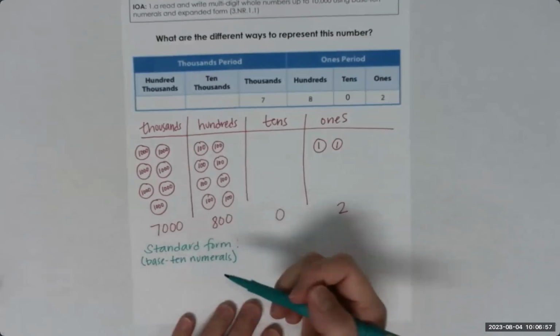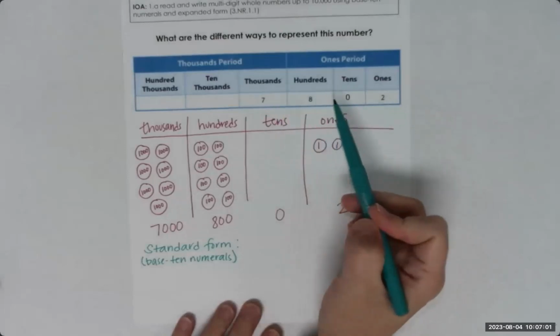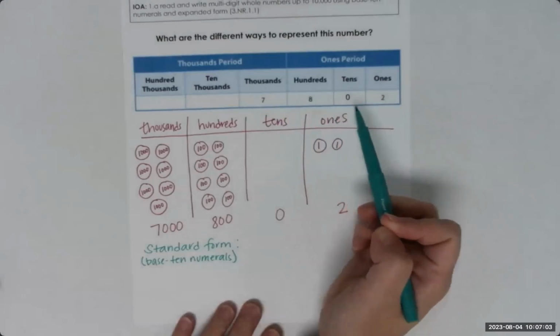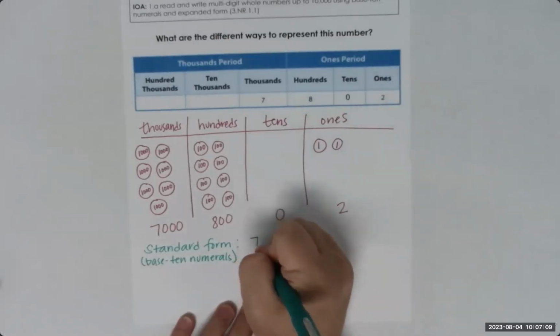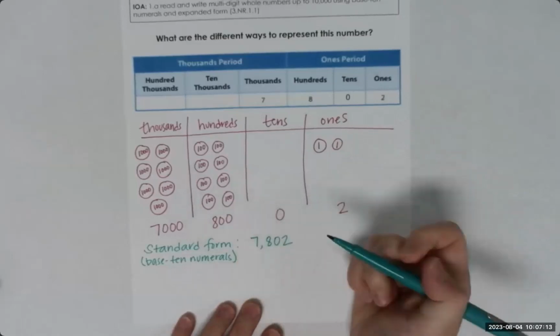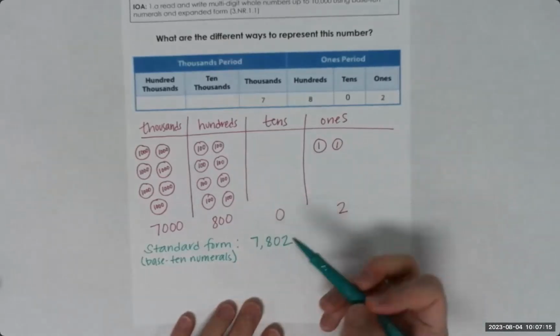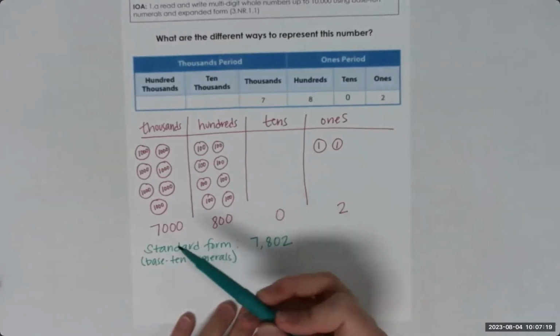They mean the same thing. So this is really helpful in my place value chart. I can see the standard form here, right? And I do have to make sure I write that 0 in to show that I have 0 tens. So I'm going to write my number 7,802.